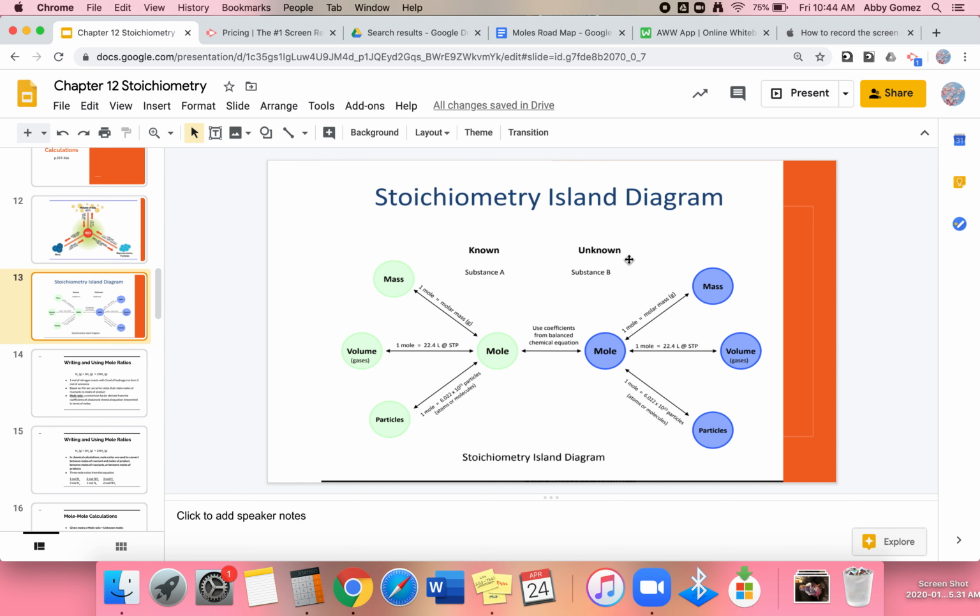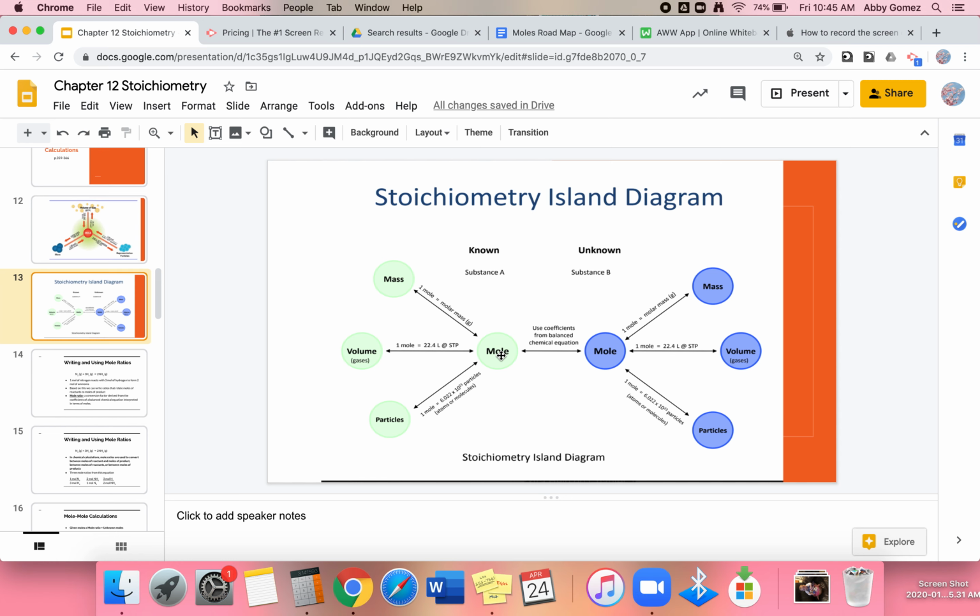Or if you were going to put in manganese dioxide, how much of whatever the other reactant that you used in that reaction would you need. So you can see where this becomes really helpful when you're doing those labs in chemistry, and you can actually predict the outcome based on your math.